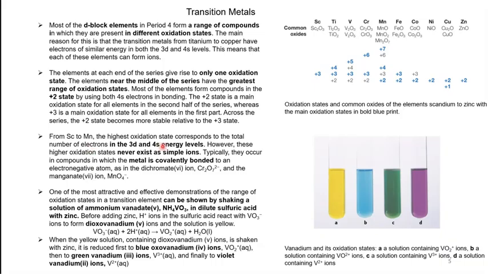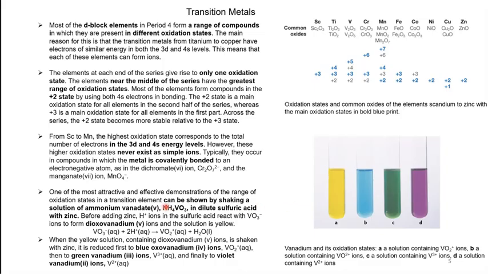Let's go to here. We have discussed this also, and we also show this. We can discuss this one, you see. One of the most attractive and effective demonstrations can be the range of oxidation states of vanadium.